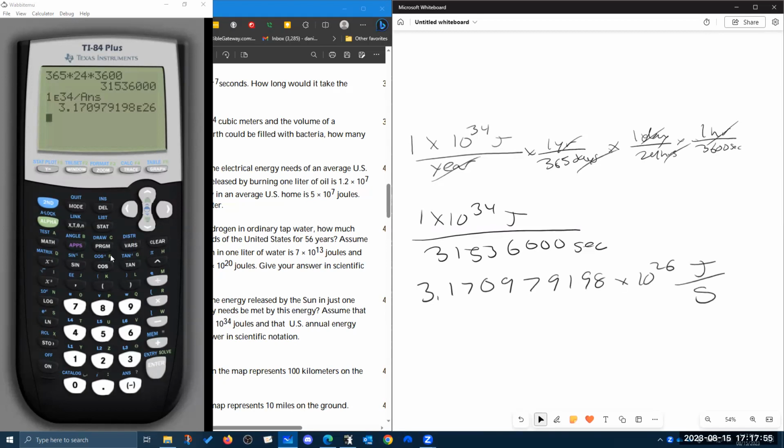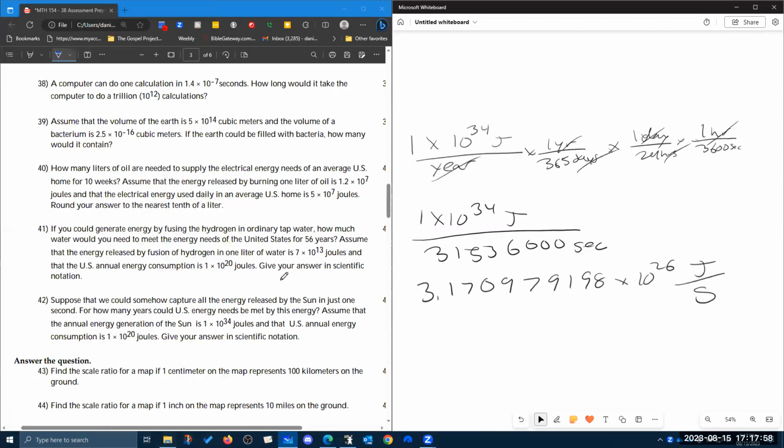All right, now we need to figure out, we're trying to satisfy the energy needs of the entire United States with this rate. So that's 1 times 10 to the 20th joules of energy needed divided by 3.170979198 times 10 to the 26th joules per second.